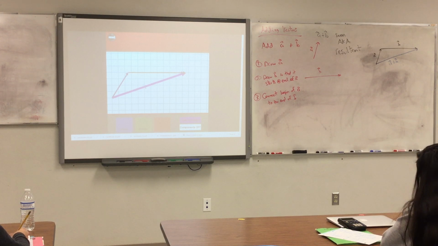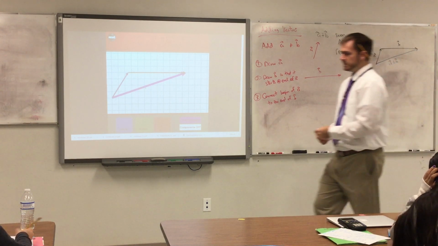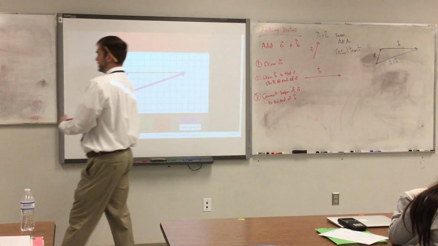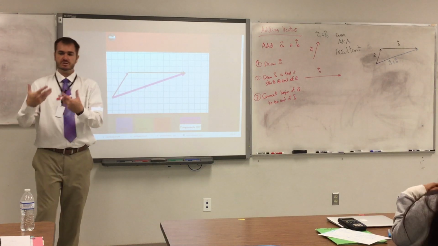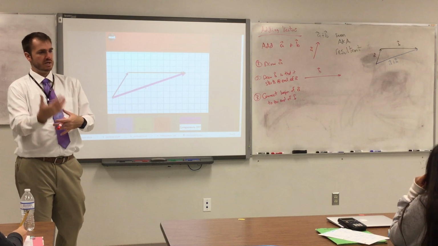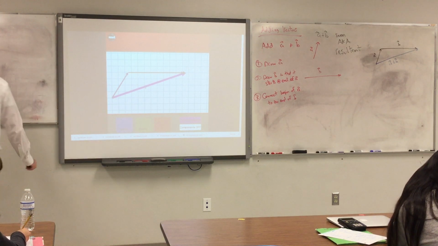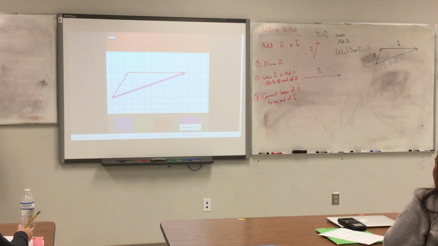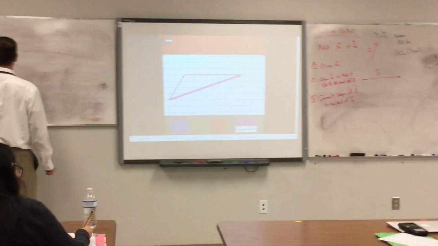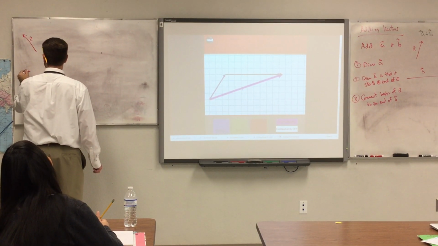Okay? I'm going to draw some vectors over here, and this is just going to be some practice for y'all so you can understand that process. I'm going to draw 2 vectors, and then I want you to combine them on your paper, so we can get into practice of adding vectors. Vector A is going to be up and to the left, and vector B is going to be just a little bit to the right.